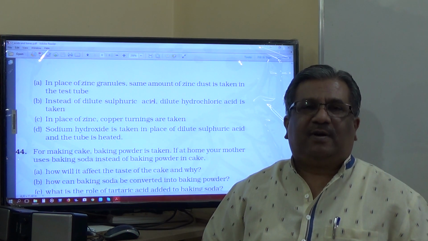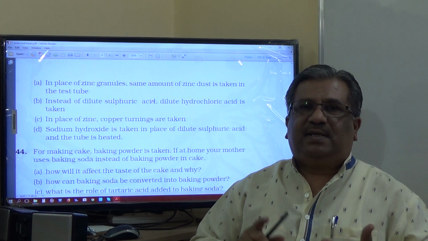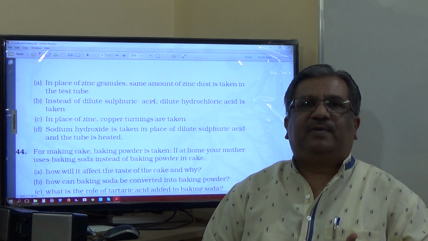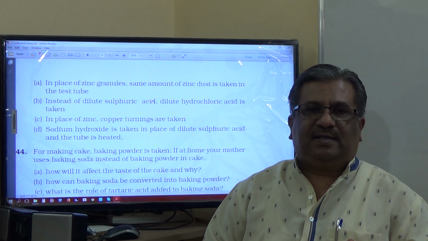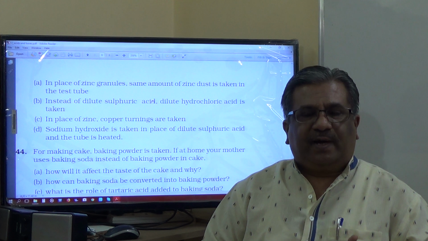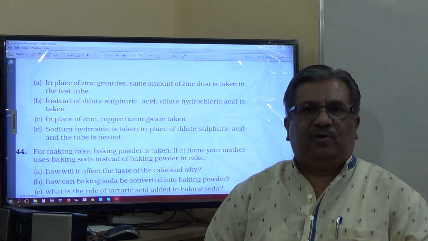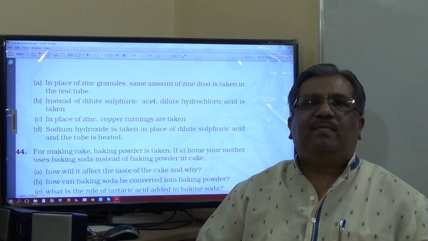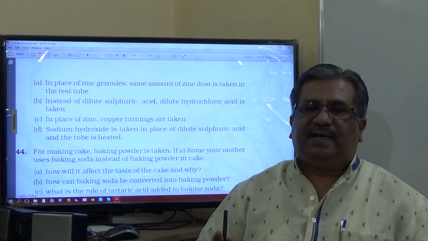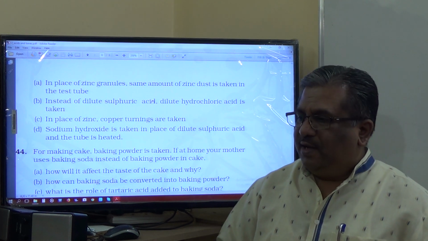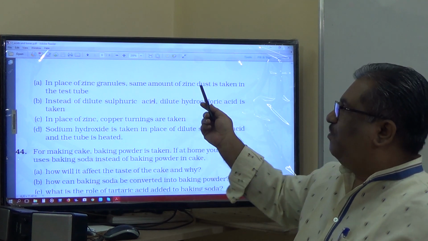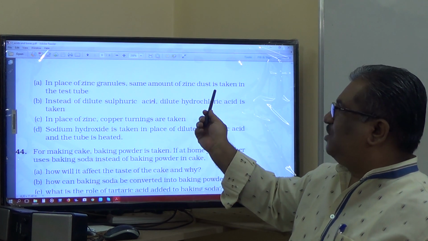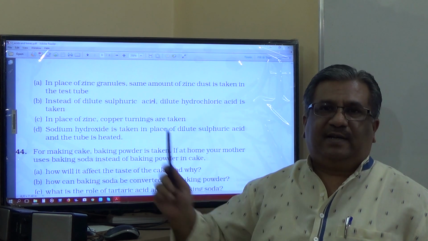Where do you expect more contact? See, for chemical reactions to take place effectively, if one of the reactants is in powder form and the other is in solution form, the maximum contact between the reactants takes place, and therefore the evolution of hydrogen gas is faster when zinc dust is taken compared to the zinc granules.